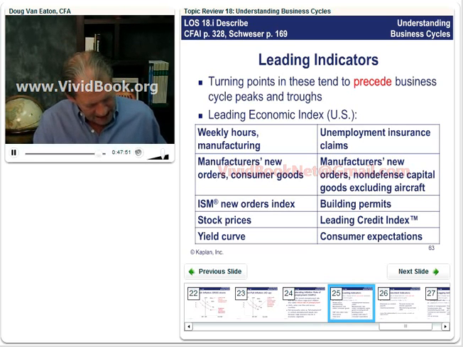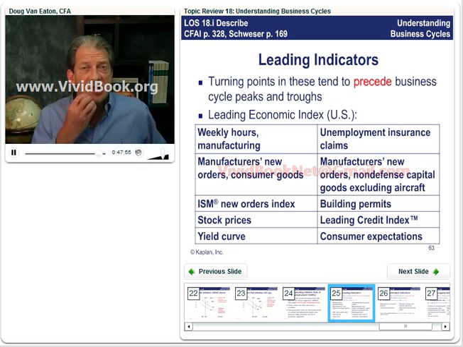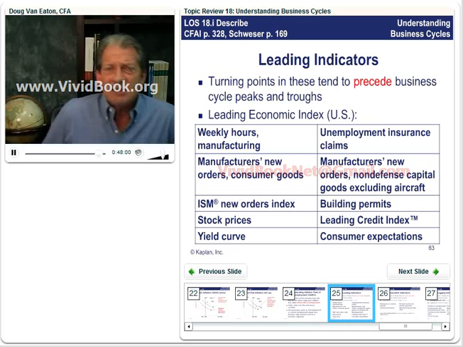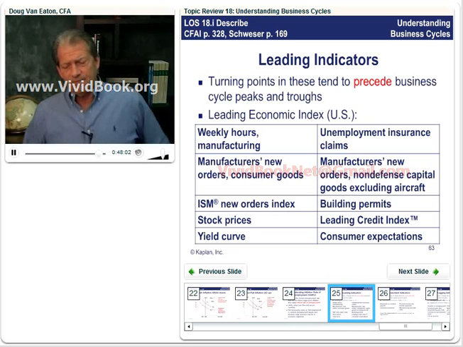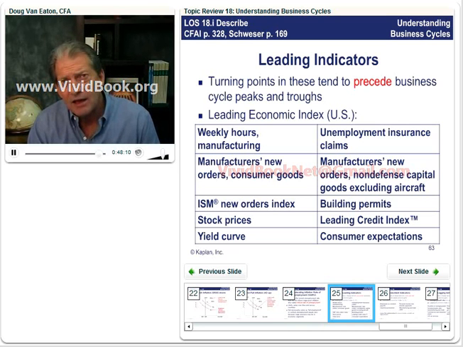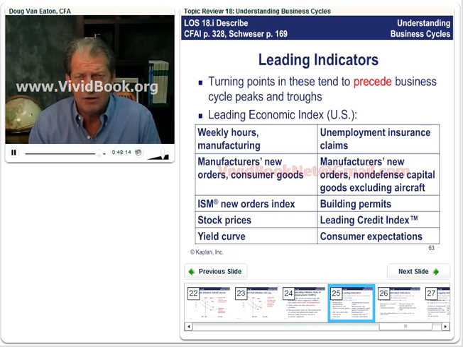Okay. And all we have to do is describe economic indicators. What are they used for and what are their limitations? Well, we can do that, and we're going to divide these economic indicators into three groups: leading, coincident, and lagging. And all that has to say is where the peak in the indicator is relative to the peak in the economy.